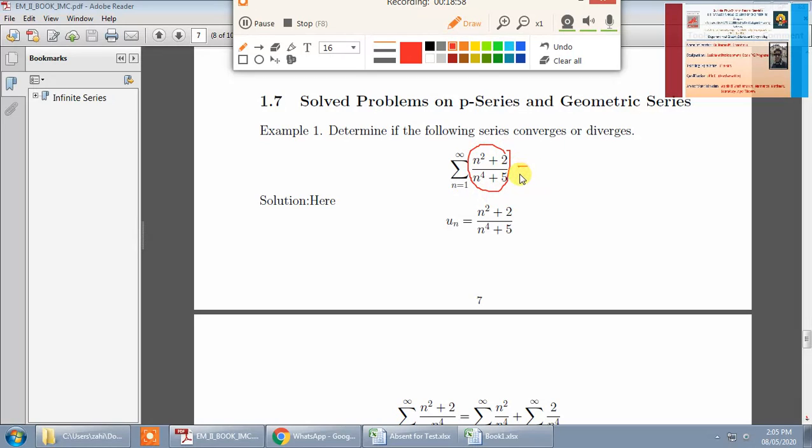Actually this series can also be written as follows. If you put n equal to 1, we get 1 plus 2, that is 3, divided by 1 plus 5, which is 6, and 3 by 6 is nothing but 1 by 2. If you put n equal to 2, we get 4 plus 2, that is 6, divided by n raised to 4, which for n equal to 2 gives 16, so 16 plus 5 becomes 21, and so on.